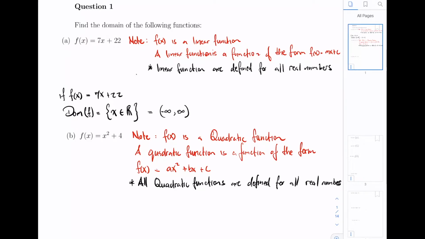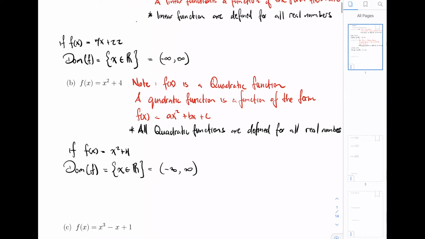Okay, so with that said, we can say that if f of x is equal to x squared plus 4, then we can say that the domain of our function is equal to x in the set of real numbers. And as previously defined, we can also write it in interval notation, just like that.